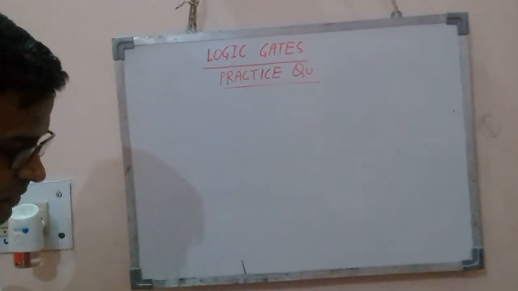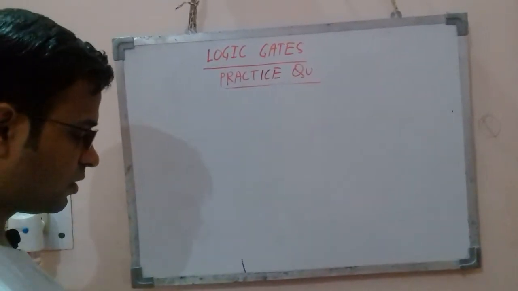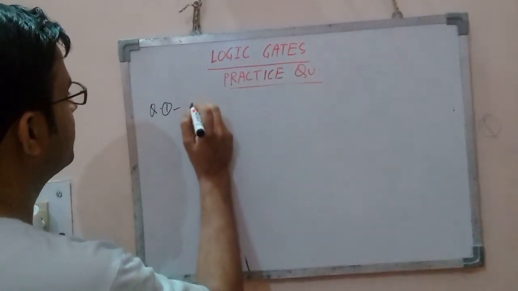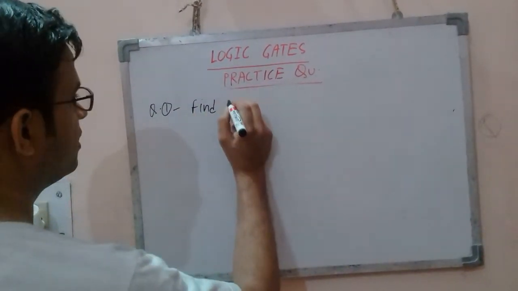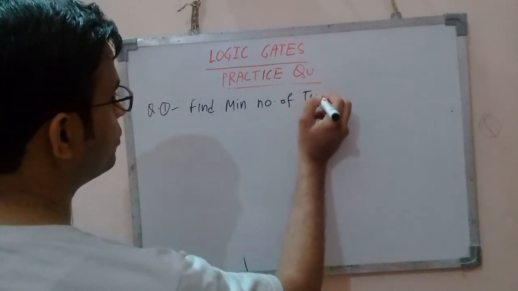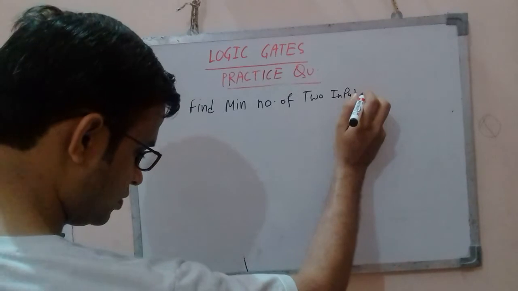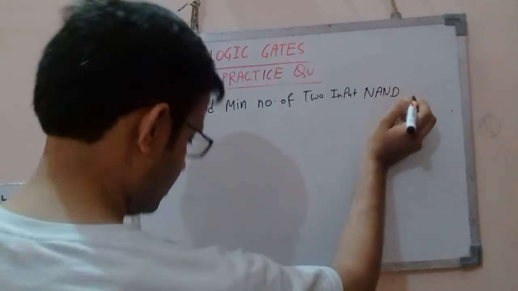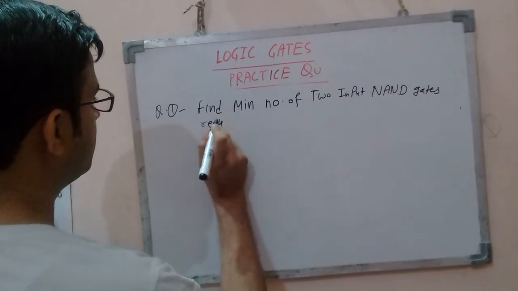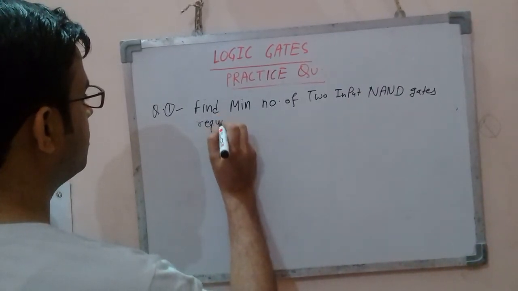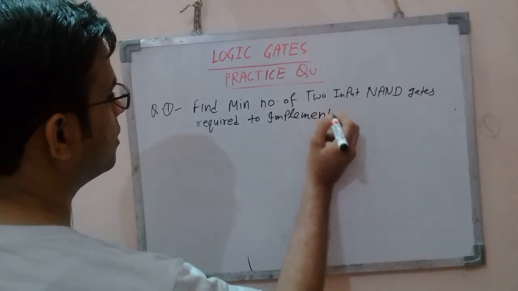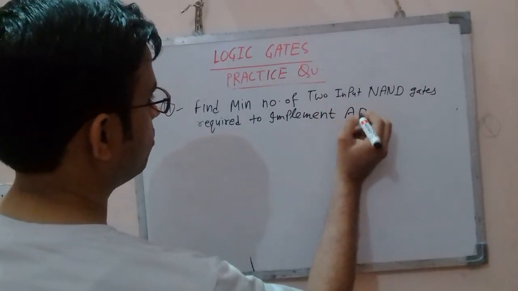So take a question. Question number 1: find the minimum number of 2 input NAND gates required to implement A, B bar, C, right?